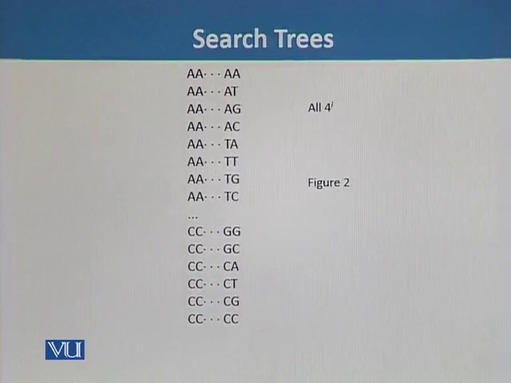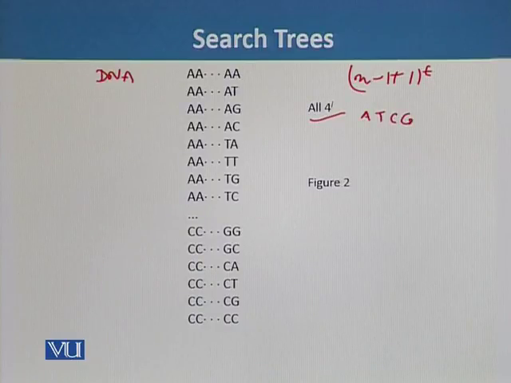So if we consider the DNA sequences, apart from the integer numbers, we can see if we apply that formula (n minus 1 plus 1) raised to t on the DNA sequences, we have to consider 4 raised to power L. 4 are the 4 nucleotides, and L is the length of the mer, the L-mers. It could be any number up to the size of the DNA sequence.